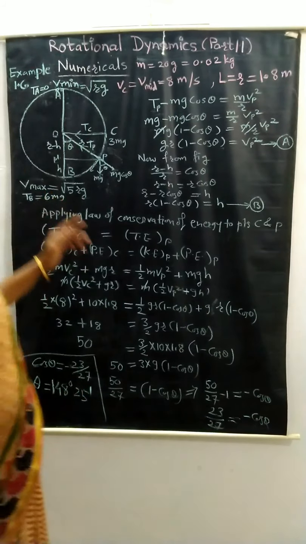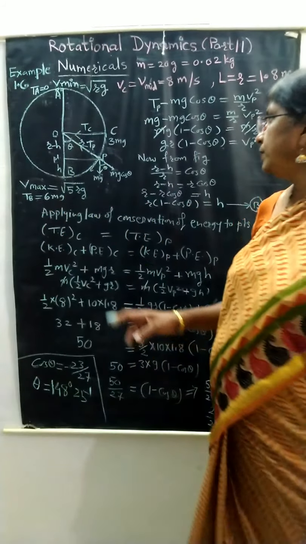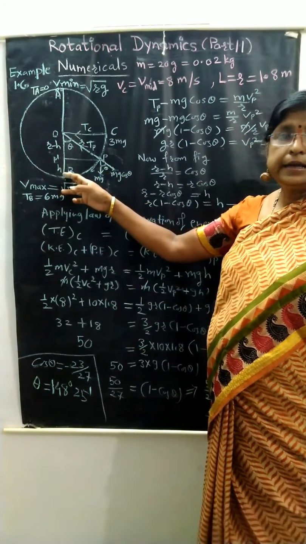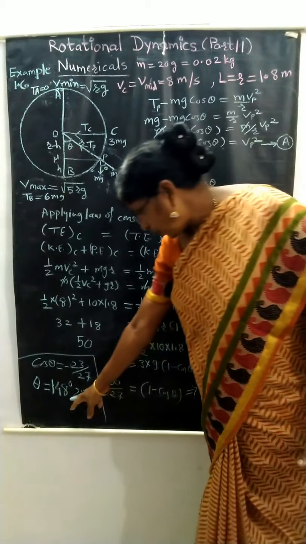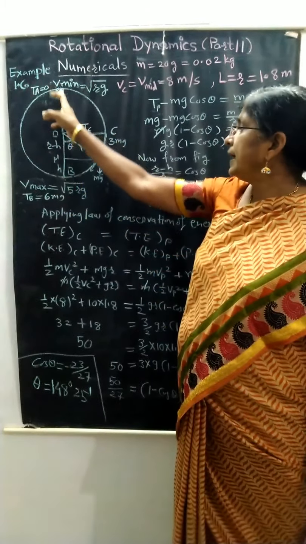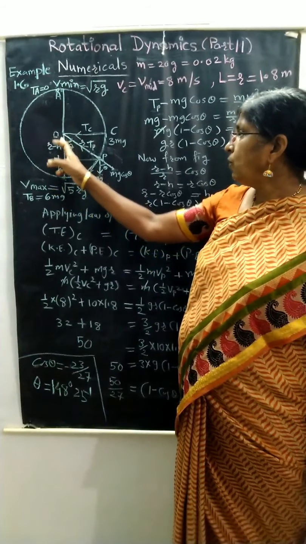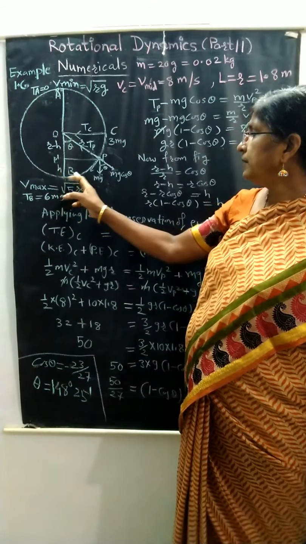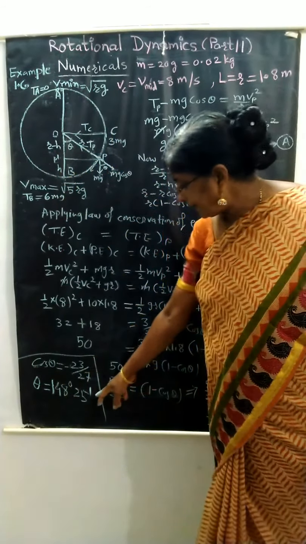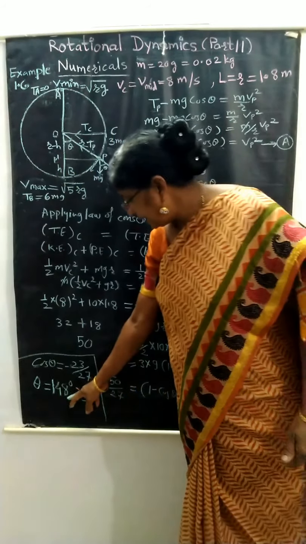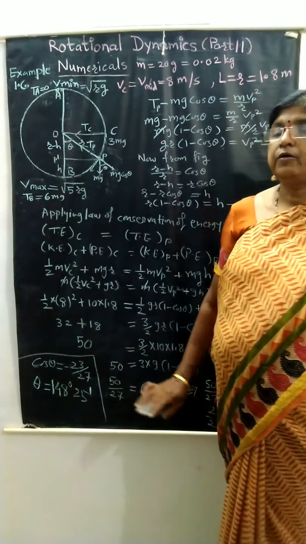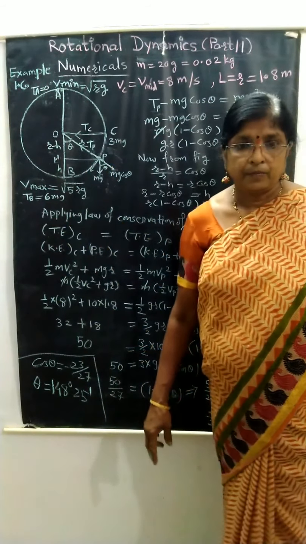So the position of the particle P is such that it makes an angle of 148 degrees 25 minutes with the line OB. So in this manner we have to solve this problem.